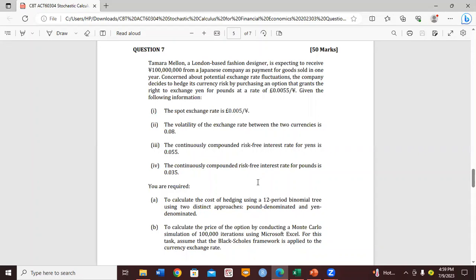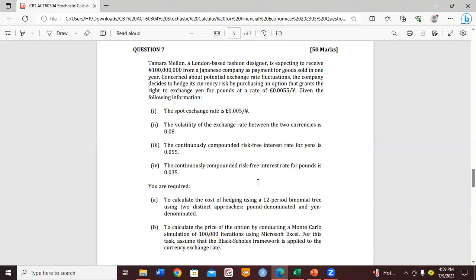And you're given the following information. The spot price is 0.055 per yen. The volatility between the two currencies is 0.08. The continuous risk-free rate for the yen is 0.055.